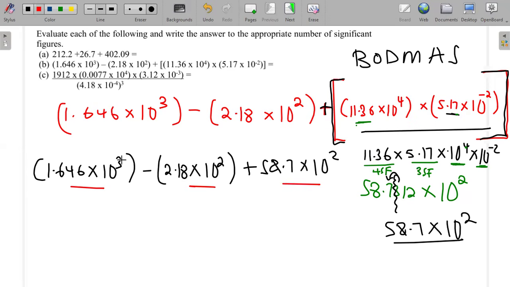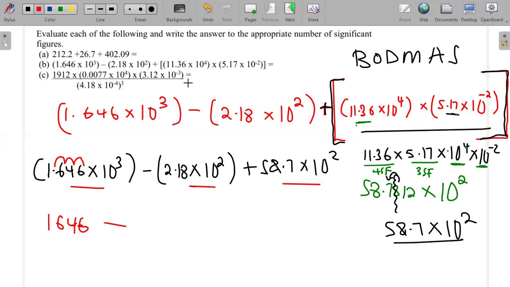But if you do not have that understanding, you can just punch on your calculator 1.646 times 10 to the power 3. This point is going to move 1, 2, 3 times. So I'll have 1,646. So you can move the decimal point, or you can do it directly from the calculator.